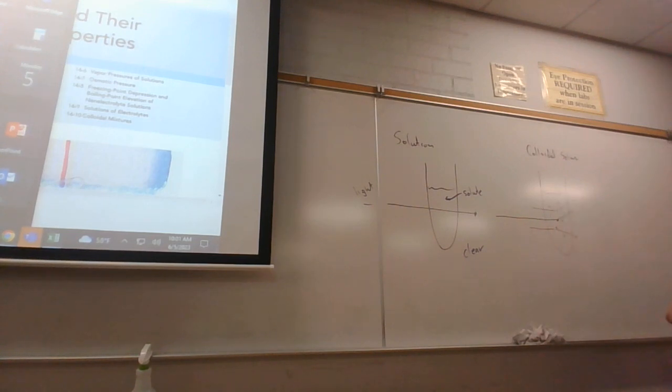What happens with a colloidal solution is they scatter light, because the solute particles are getting a bit bigger, and so they can interact with visible light. And because they scatter light, they are not clear. They're either translucent or opaque.